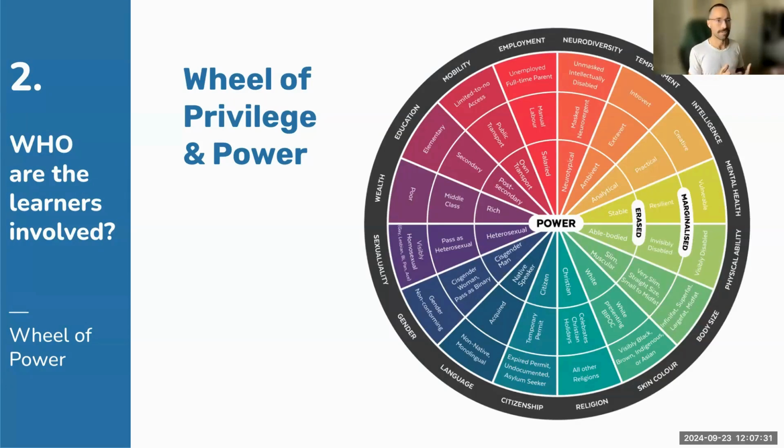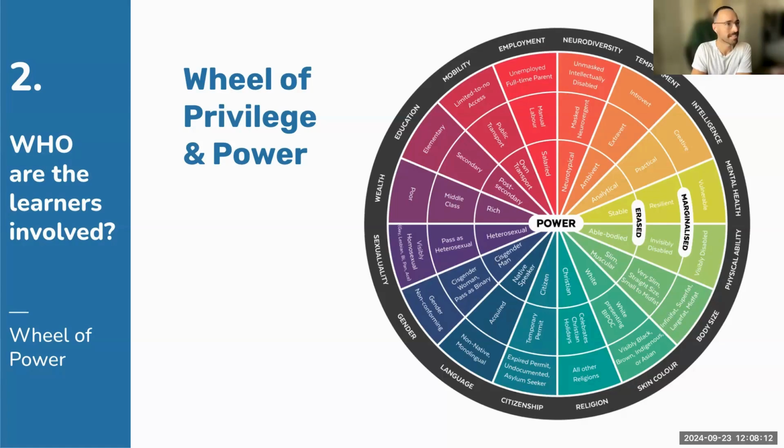So you need to look at the specificity of your groups, but whatever group you're working with, it's important to look at this dimension and understand if there are already structural blocks to different social groups' access to the offer that you're bringing, but also whether the processes that you are offering in your educational offer are inclusive. So this is a reflection that you need to make for yourselves when you're picking your case.